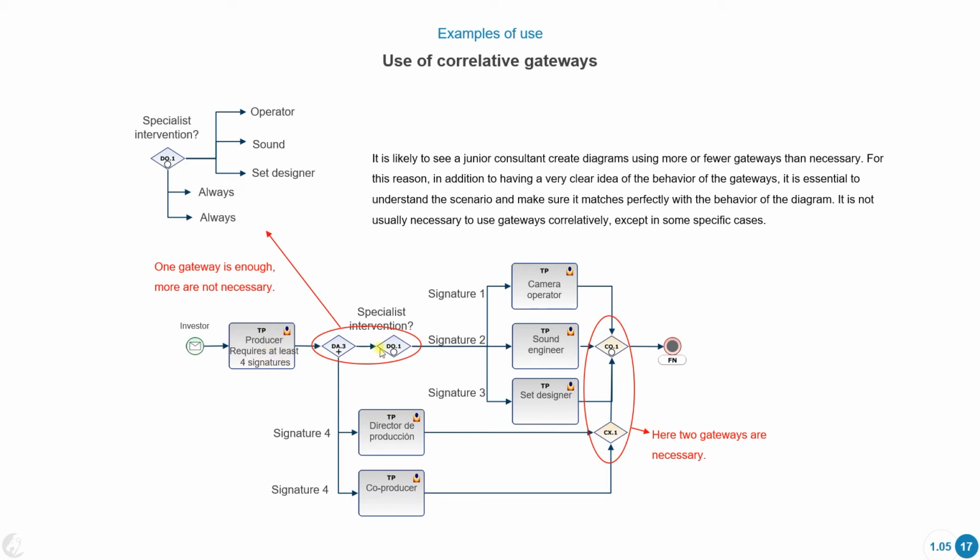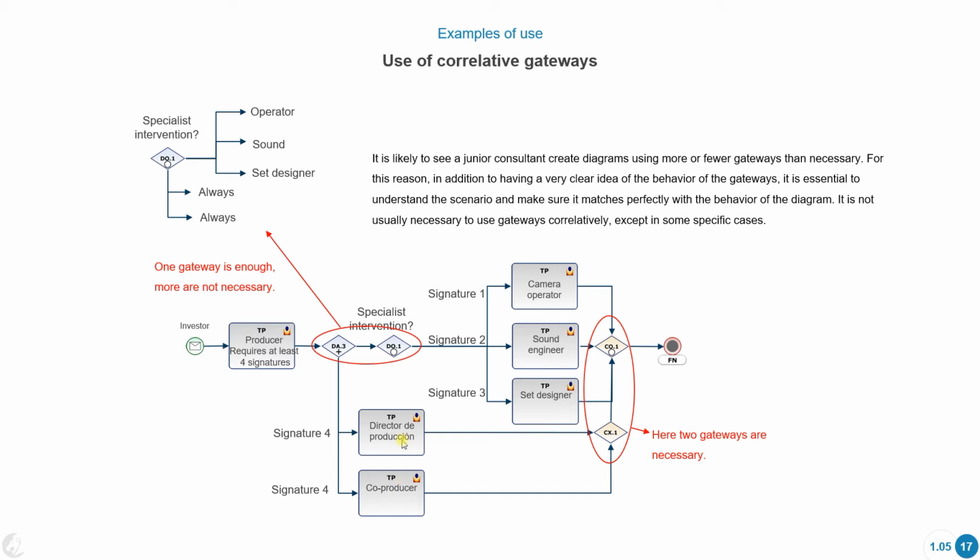So the flow goes to this DA gateway, it would go this way to the DO, and it would activate the camera operator task. Besides, it's always going to go here to the signature of the director of production and the co-producer. And here we have a CX gateway. Why do we have a CX gateway? Because both don't need to sign. As long as one of these sign, that would be enough.